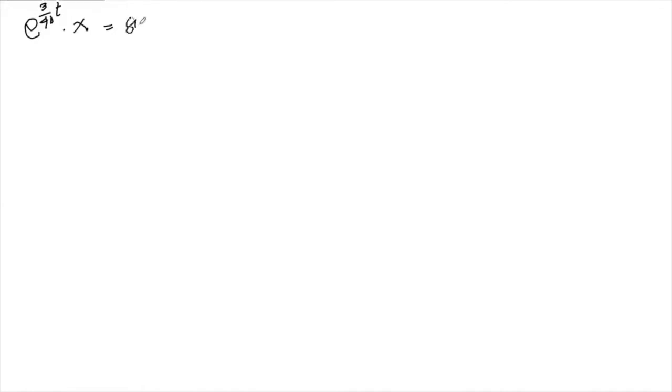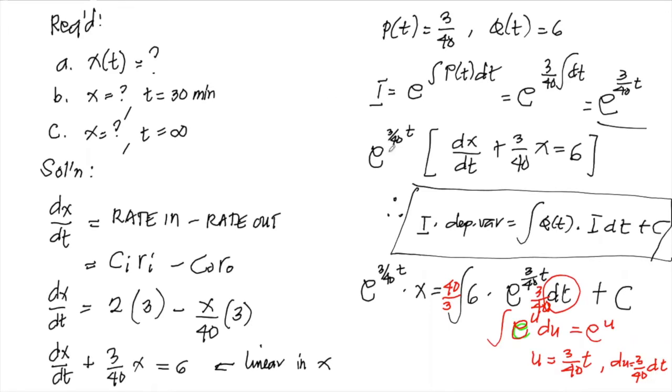And so 80 times the integral of e raised to 3 over 40. And satisfied na to. So the answer to that is e raised to 3 over 40 times t plus the arbitrary constant c. Okay, that's our general solution.